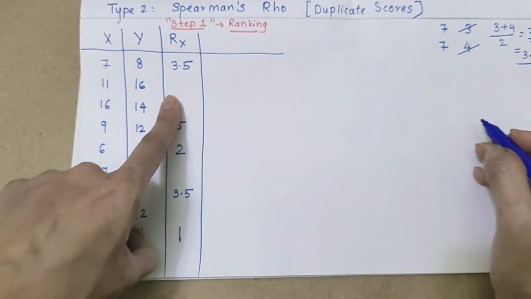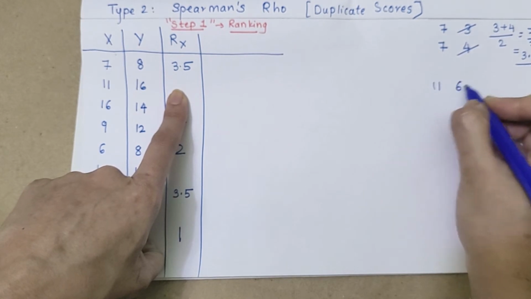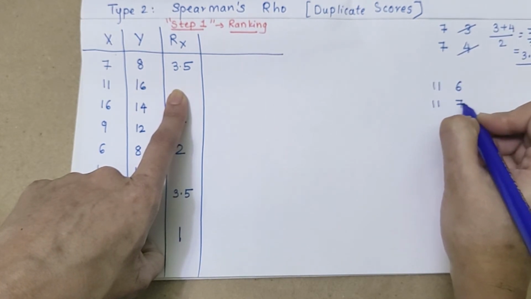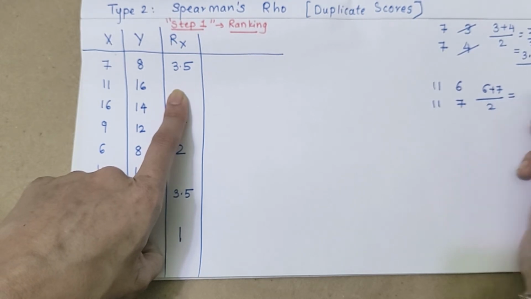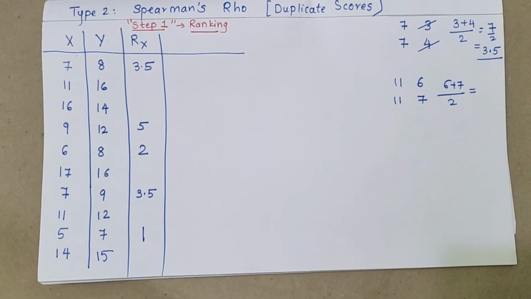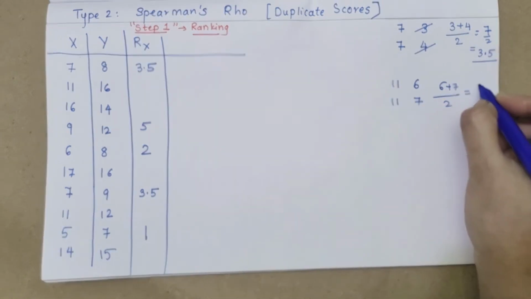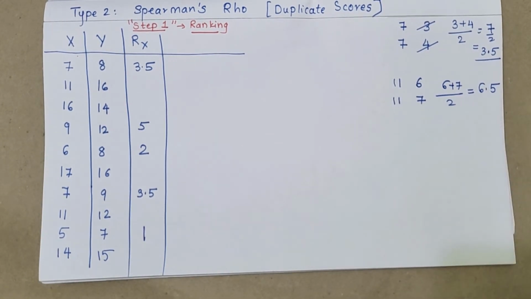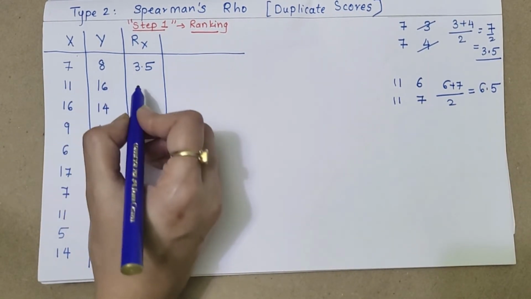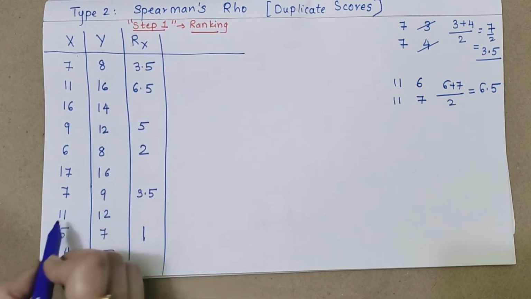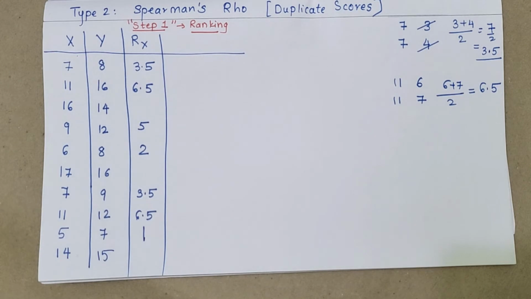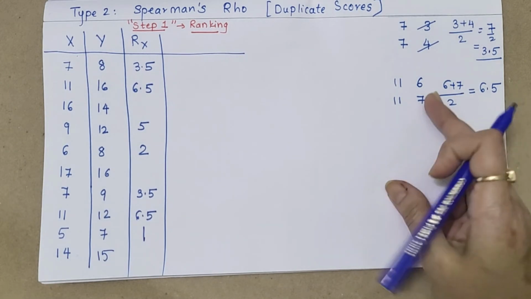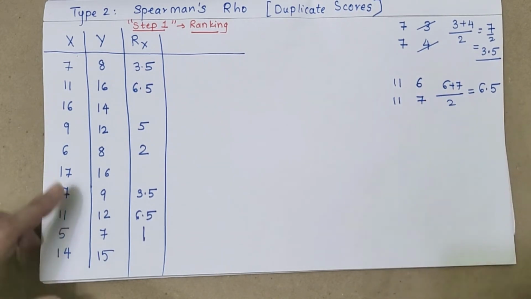So 11 comes on sixth rank, and again 11 comes on seventh rank. 6 plus 7, this is how you will calculate. This is 6.5. So my 11 comes on 6.5. The next 11 also comes on 6.5. I hope we are understanding the duplicate ranks here.